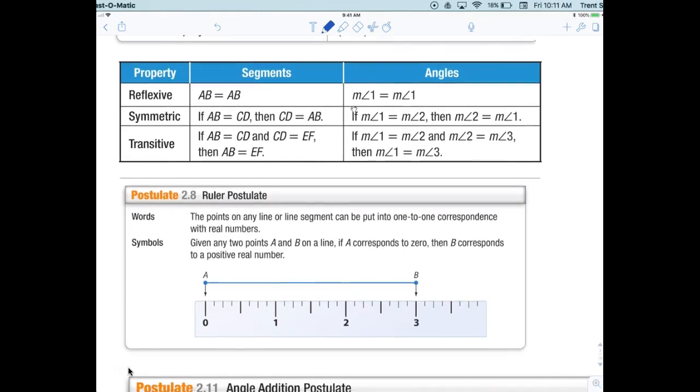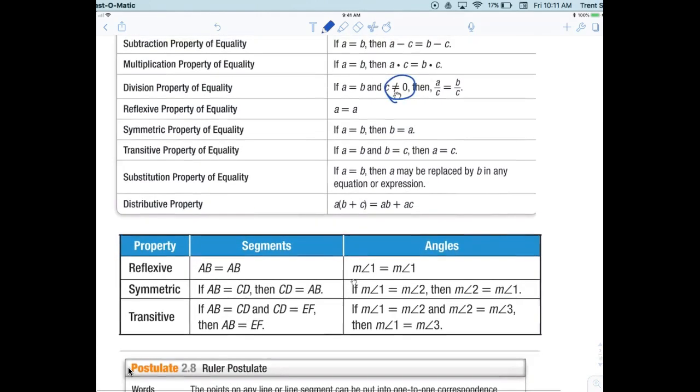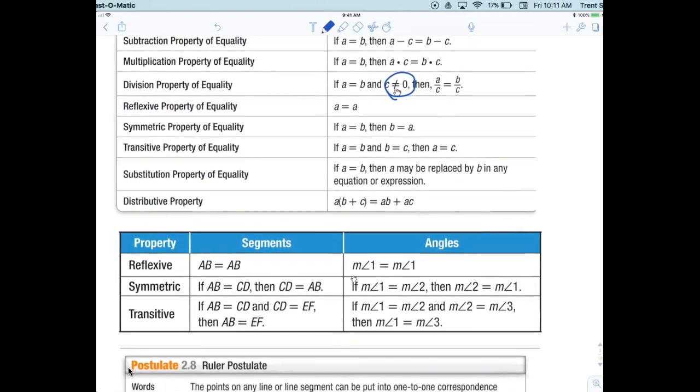Segments. Do you think segments are equal to themselves? Yeah, right? So segment AB is always equal to what? Segment AB. And so again, the reflexive, the transitive, and the symmetric properties for segments and angles are just like the symmetric property of equality.